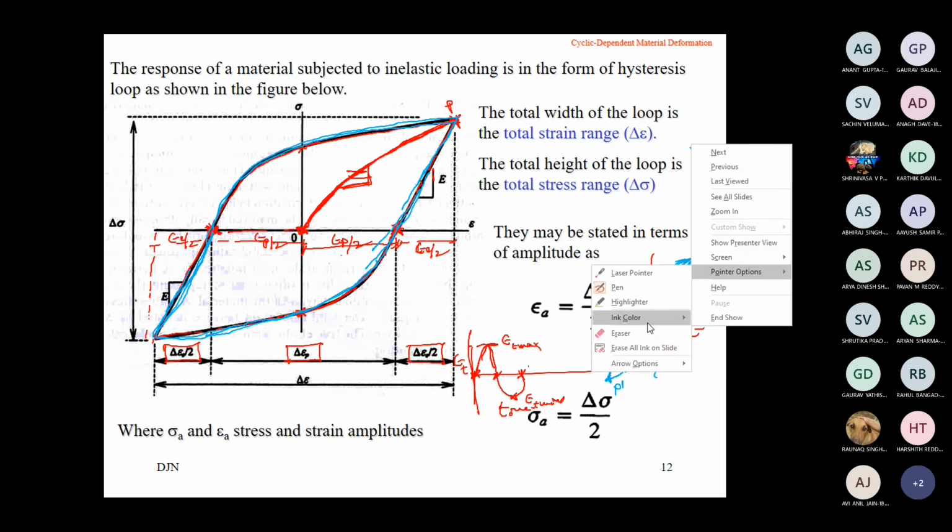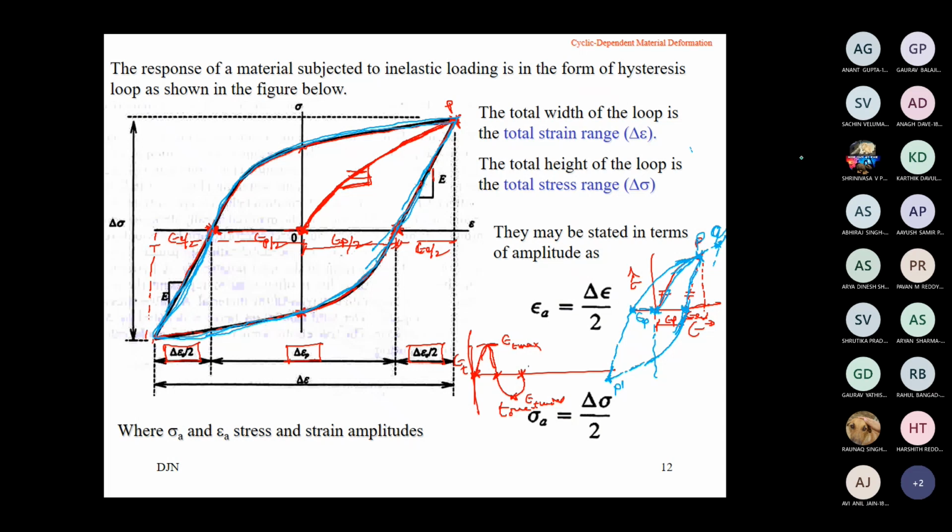Maybe I'll change the color. From zero point, take it up to Q. Forget about the previous blue color loop.